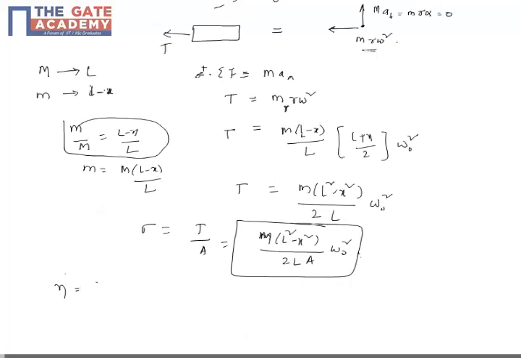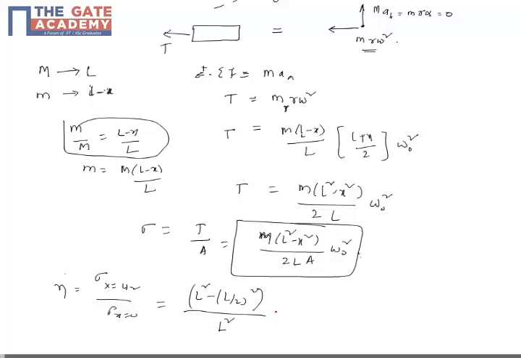n is defined as the stress at x equal to L by 2 divided by the stress at x equal to 0. Substitute L by 2; everything else is constant, so only the numerator changes. It is L minus L by 2 whole square, divided by the value at x equal to 0, which is L square.